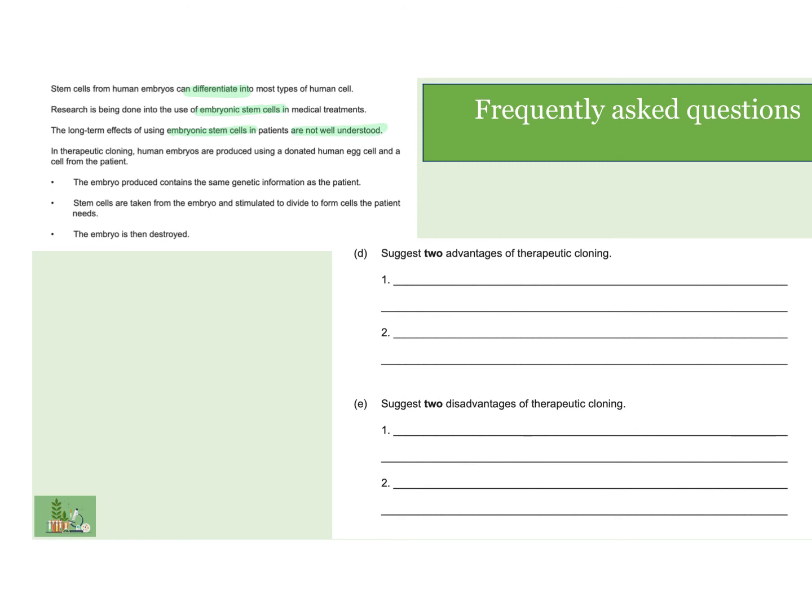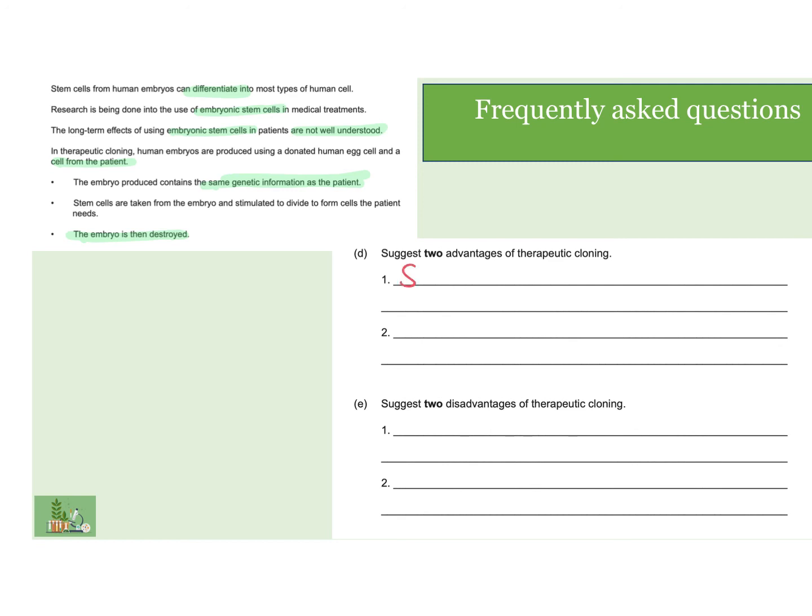In therapeutic cloning, human embryos are produced using a donated human egg cell and a cell from the patient. The embryo produced contains the same genetic information. Stem cells are taken from the embryo and stimulated to divide to form the patient's tissues. The embryo is then destroyed. So, what are the advantages? They give you some clues in there.